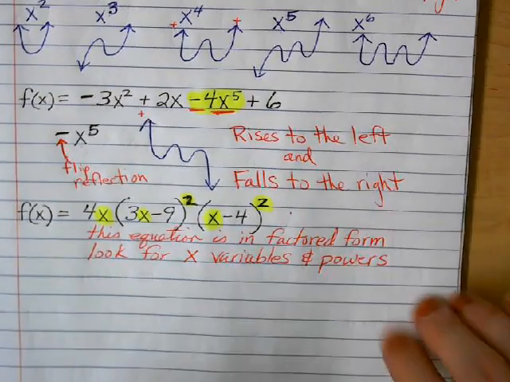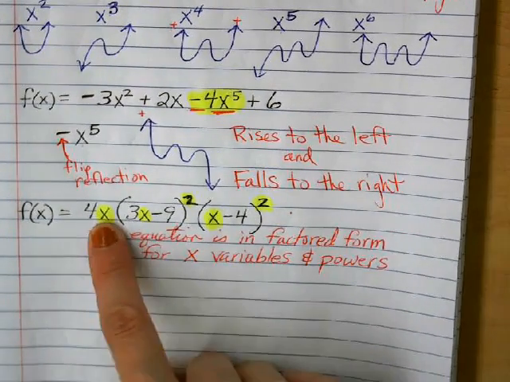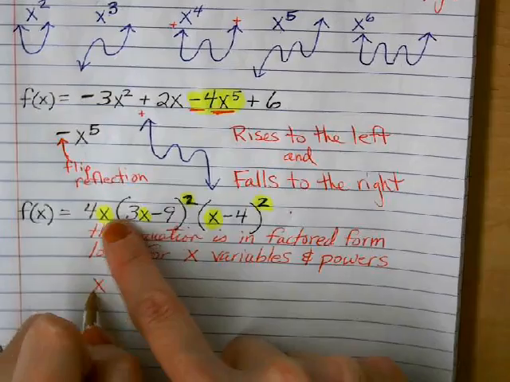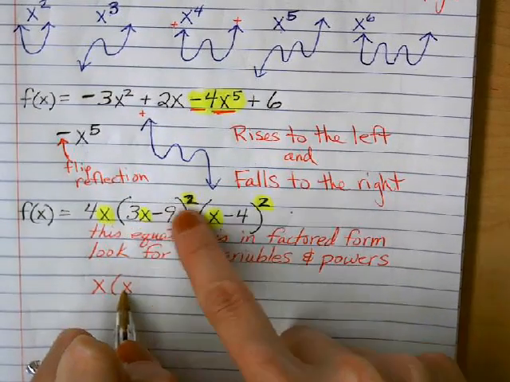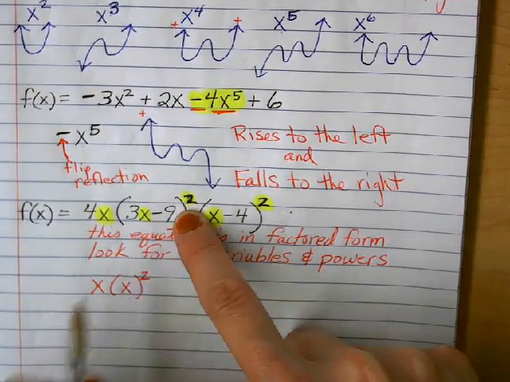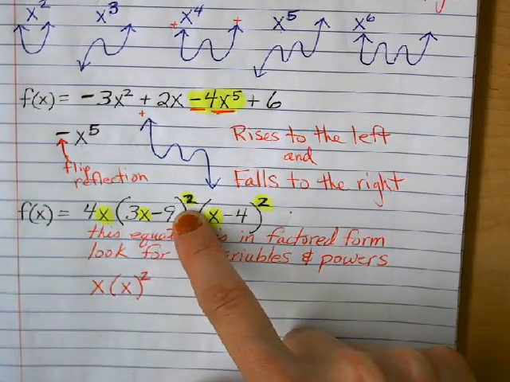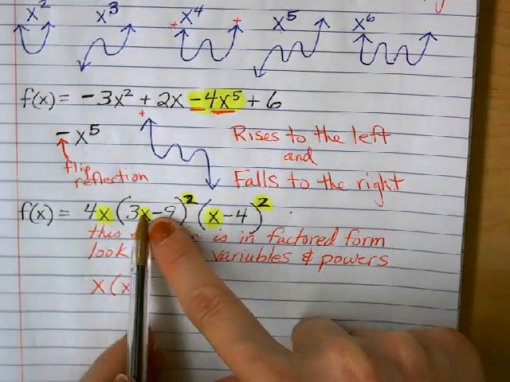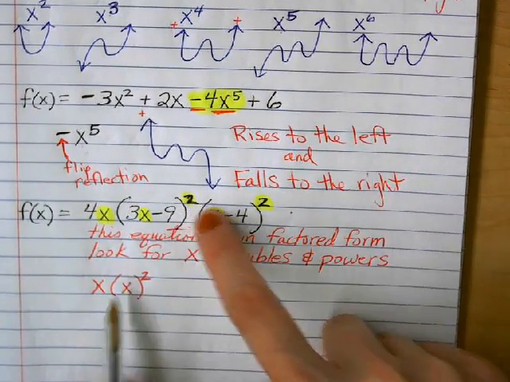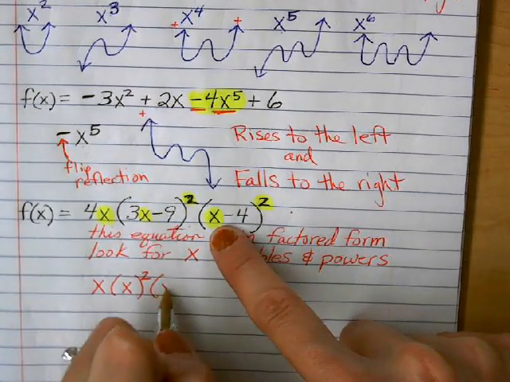So this has an x at the beginning, and then an x in this parenthesis, and this parenthesis is squared. So you kind of ignore all the numbers. You just need to pay attention to the letters in the problem. There's an x at the beginning, there's an x here in parentheses squared, and another x right here, and that's squared.